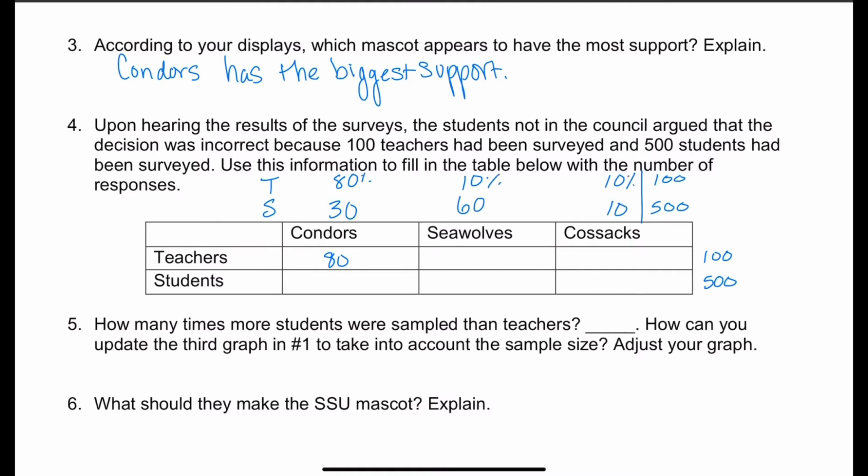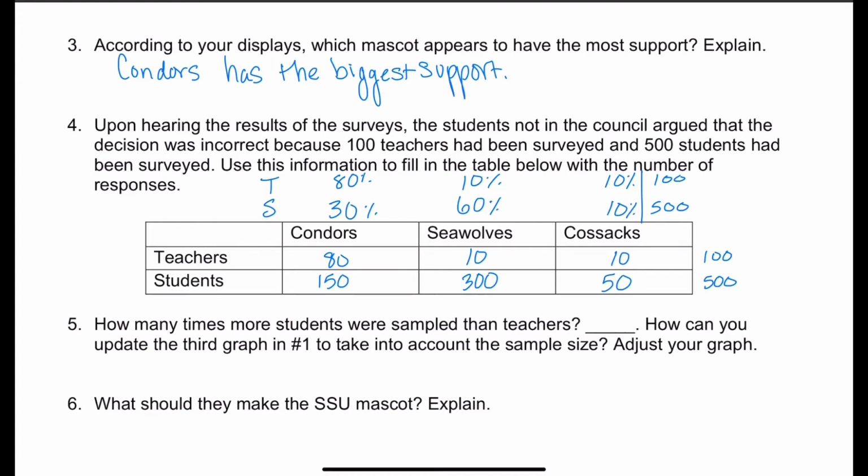And since we have an equal number in the other categories, that just leaves 10 and 10. And you're going to do the same process with the students. 30% of 500 is 150. 60% of 500 is 300. And 10% of 500 is 50. So just using some basic division to get us those numbers.